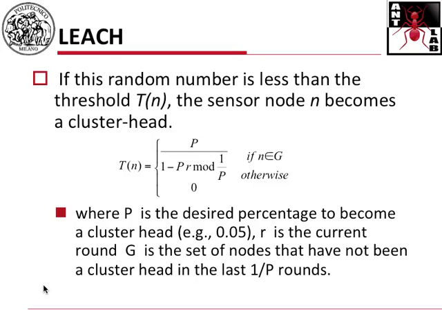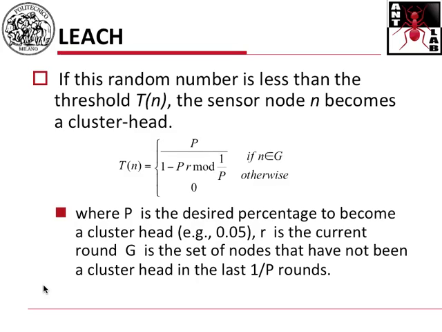Then in the formula you also have the R parameter, which is a number counting the rounds of clustering you have performed. So R keeps track of how many times you have run the clustering phase so far.